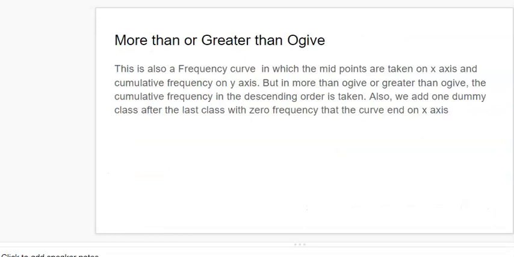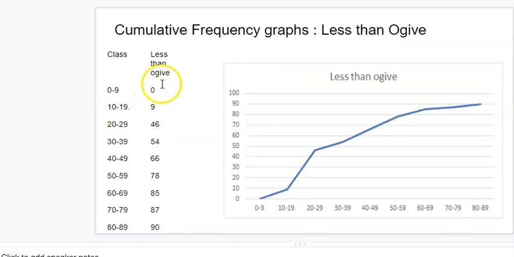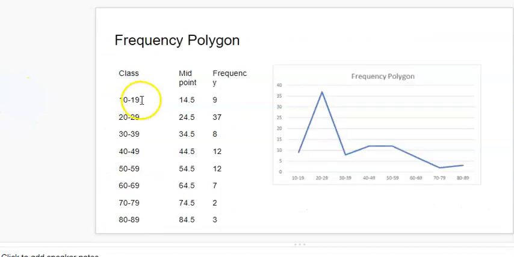Now the more than ogive or greater than ogive. One more thing I have to explain here. When we take this less than ogive, you can see that this line graph is starting from 0. You know the original numbers: you can see here it is 10 to 15 is the starting and ending is 80 to 90.